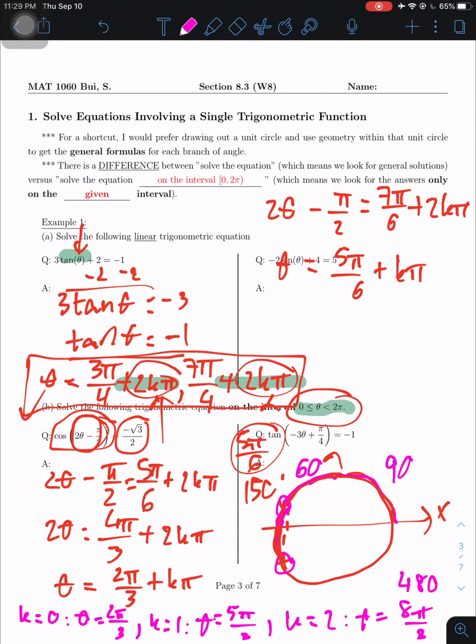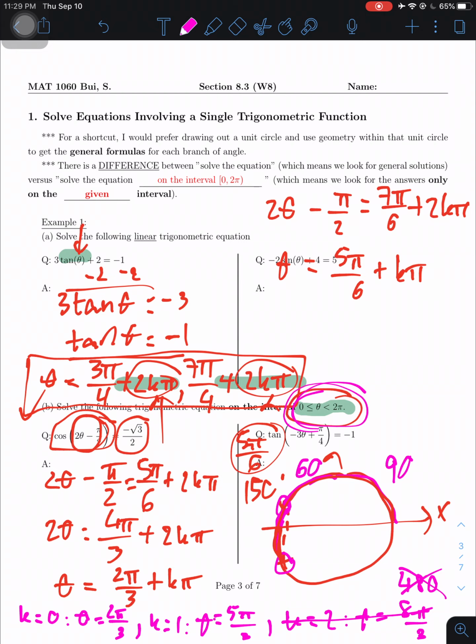There's something wrong with this one, right? 480 is way too big for this restriction in here. We only need something within 360. So 480 is not within 360. That means we're not gonna even consider the case of k being equal to 2, and we're gonna eliminate all the other cases after 2.